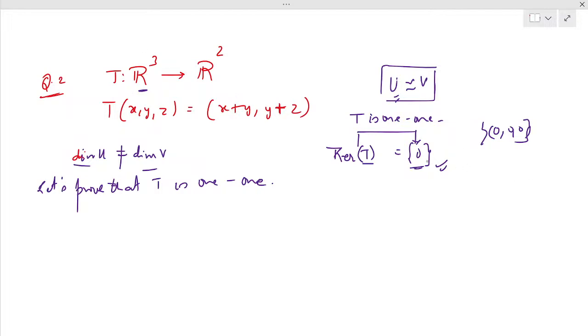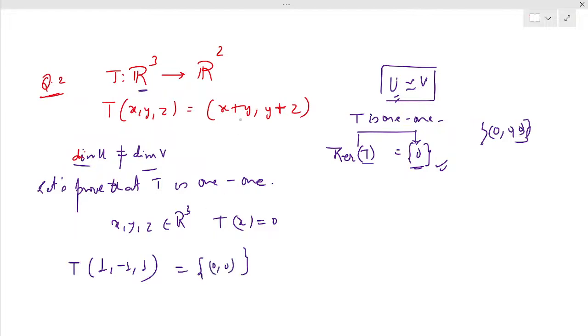So in R cube, 0 is what? 0, 0, 0, this ordered triple. Now what I want to say from here is, can some x, y, z belonging to R cube yield me 0? Just think about it. If I just take 1, minus 1, 1, is it not going to yield me 0, 0?